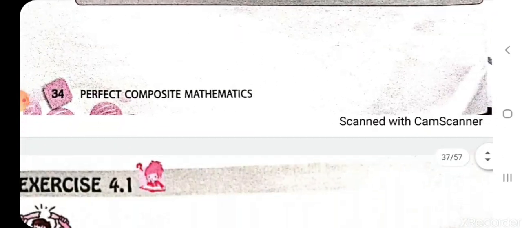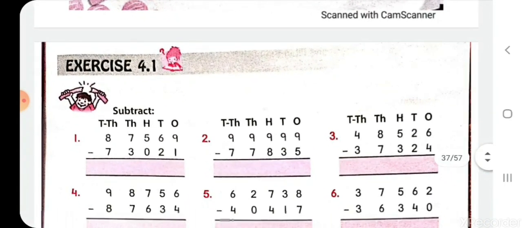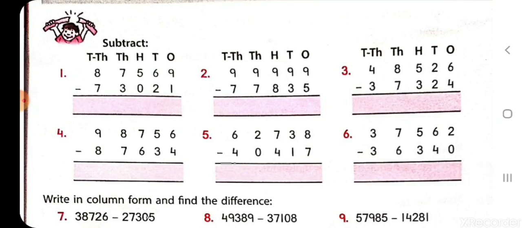Let's start with the first exercise, exercise 4.1. In exercise 4.1, these sums are without borrowing, which means there is no carry or borrowing. It's the simple subtraction you were doing in your previous classes also.